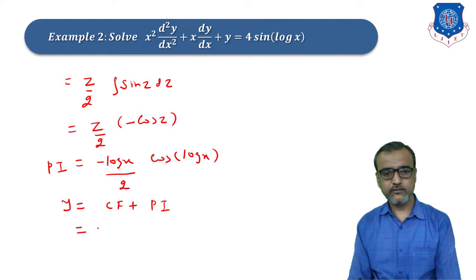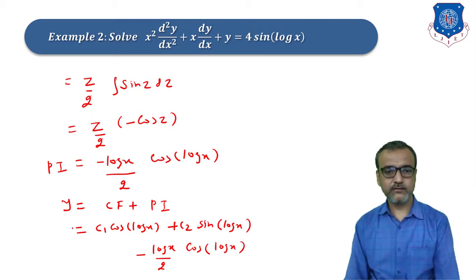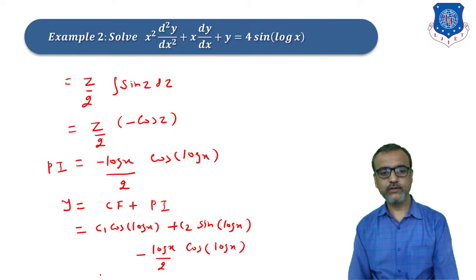This is equal to CF, which is C1 cos(log x) + C2 sin(log x), and PI is -log x by 2 times cos(log x). So this is the required general solution of the given differential equation.